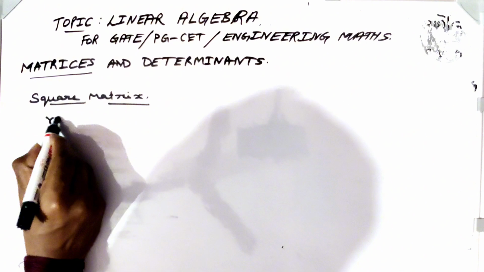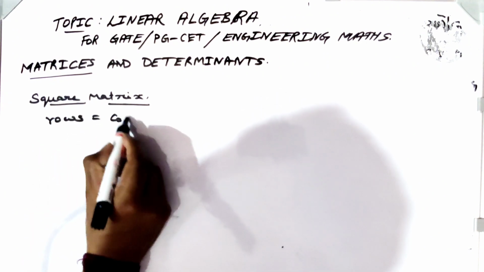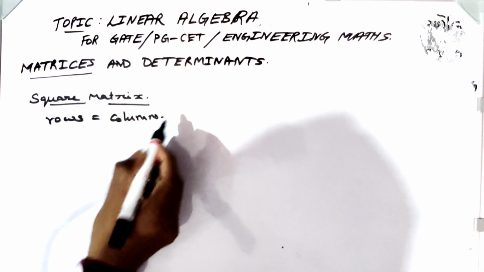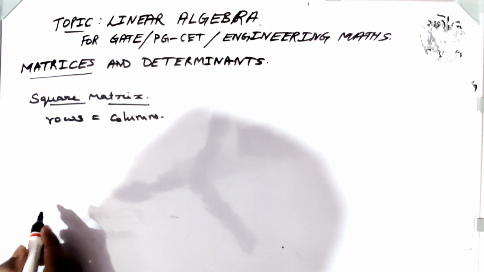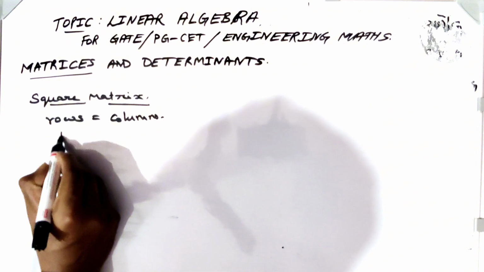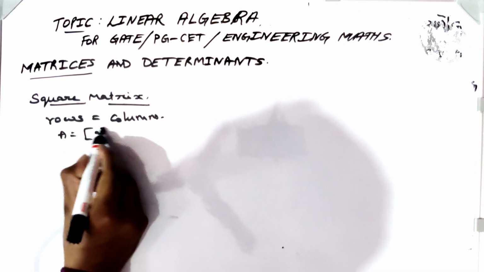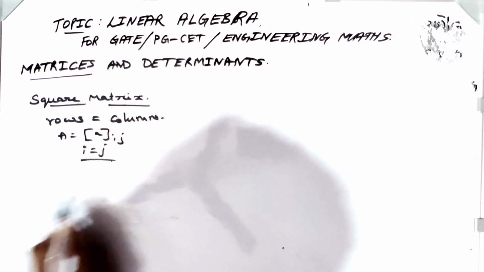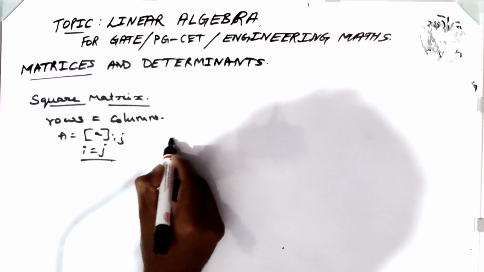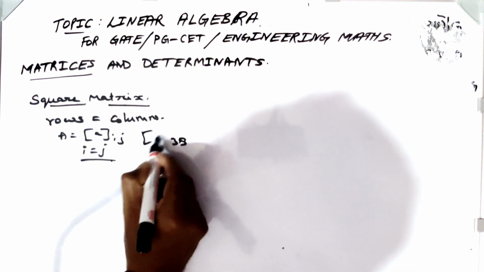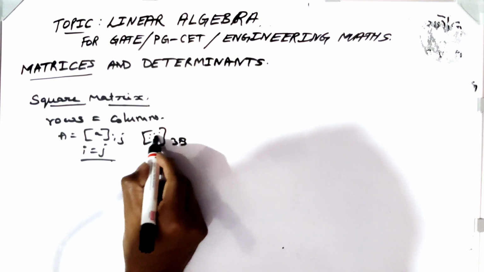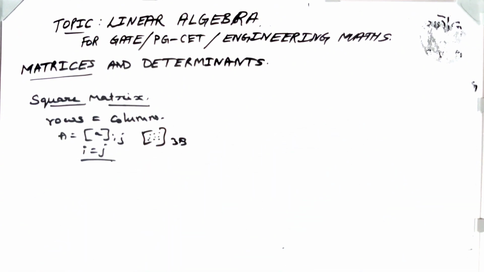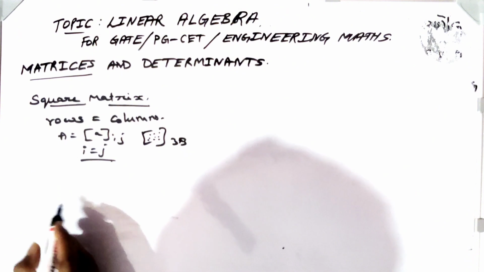So rows must be equal to columns, then it is known as a square matrix. It is nothing but A equal to a_ij, where i equals j. For example, a 3 cross 3 matrix is a square matrix.